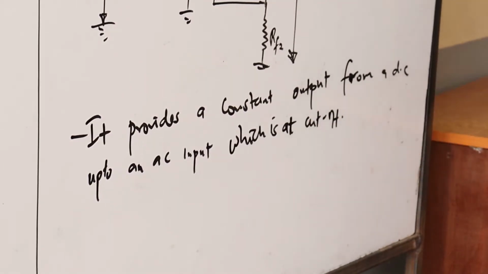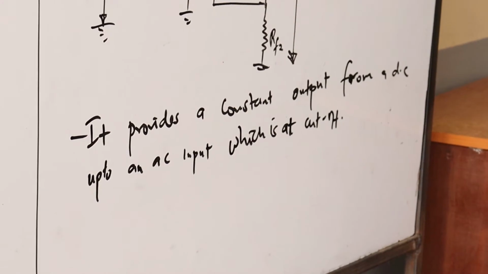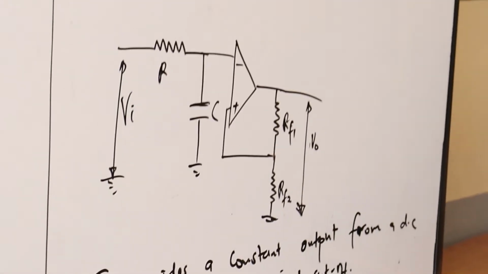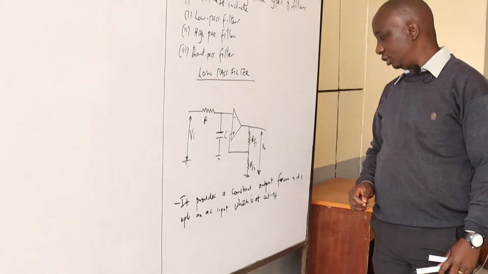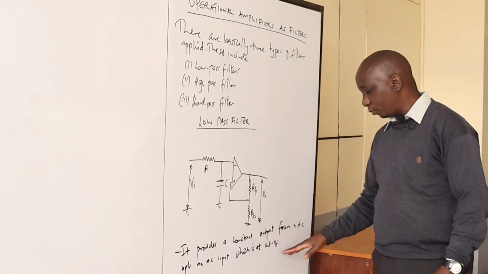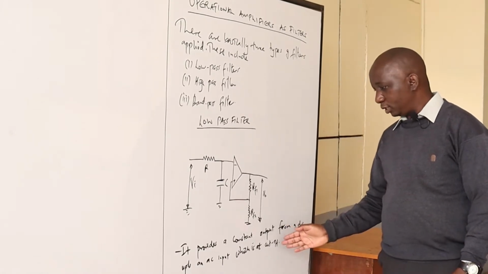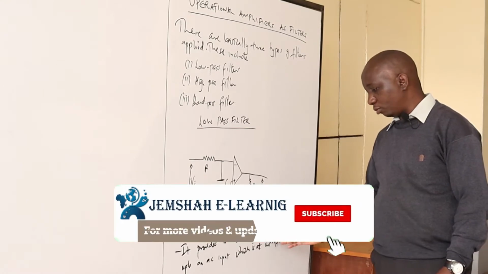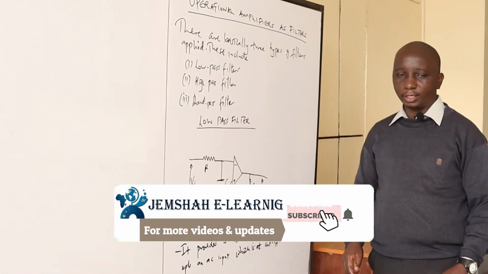The meaning of cutoff is the frequency at which, when reached, the conductivity is not allowed. So when we're moving from low frequency to high frequency, the margin at which the frequency changes from low to high is whatever I refer to as the cutoff.